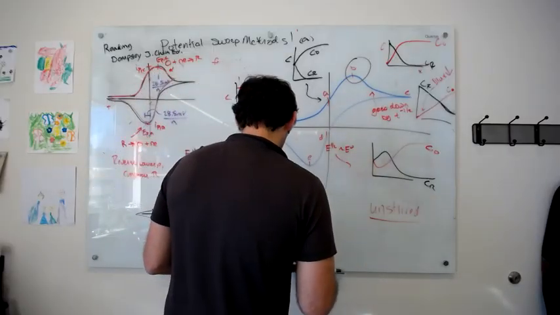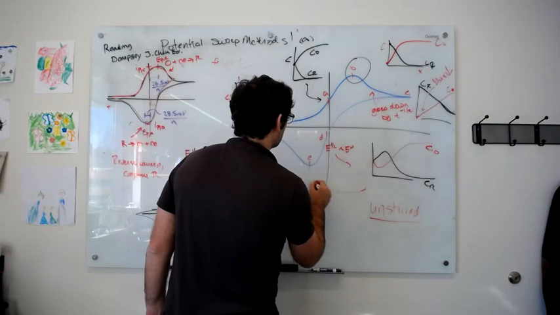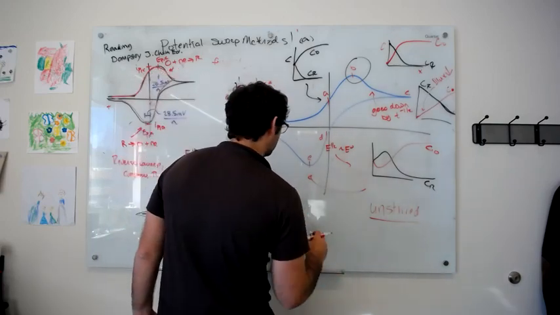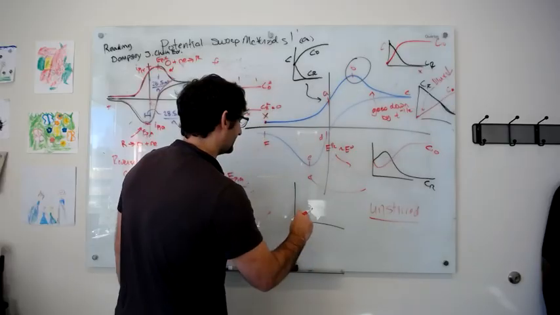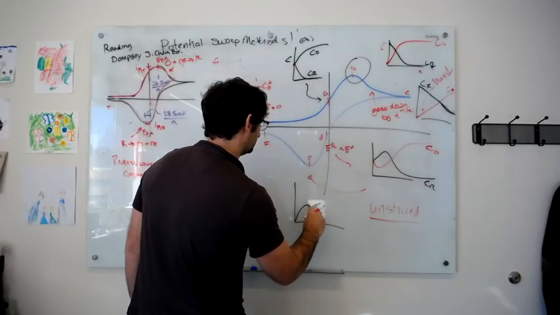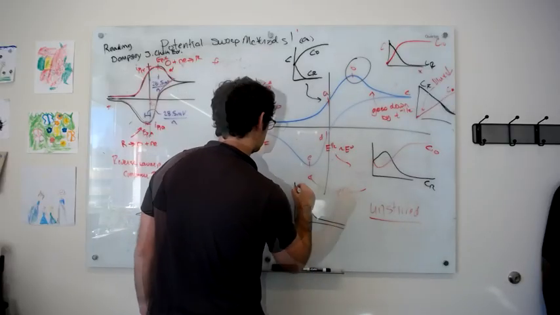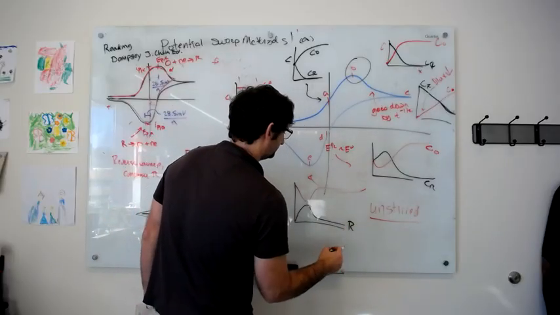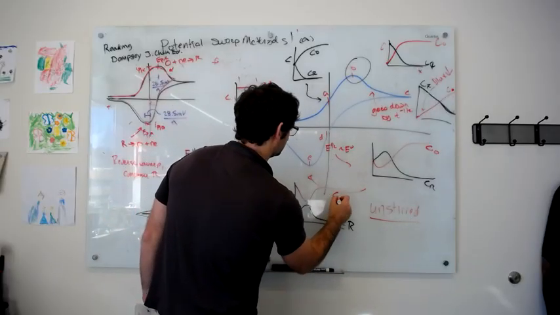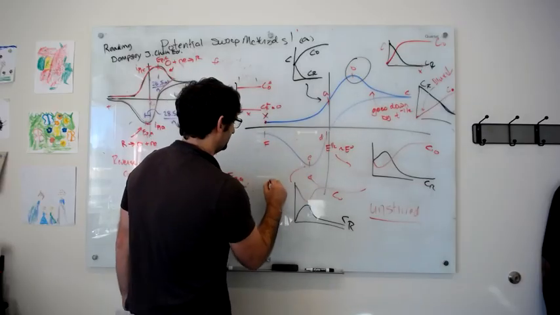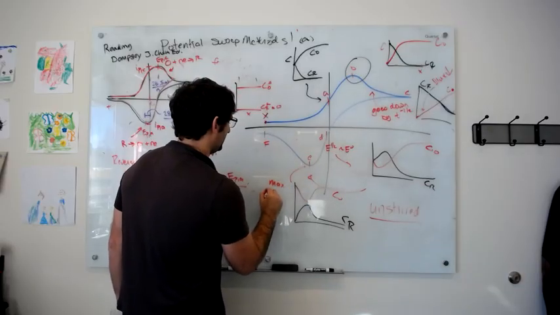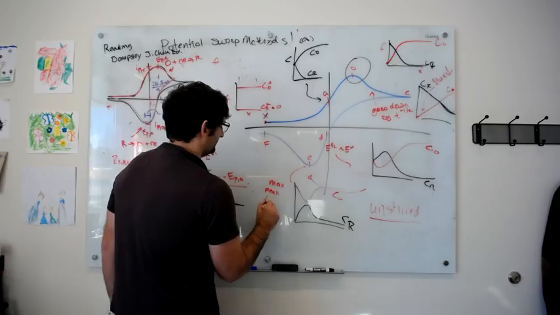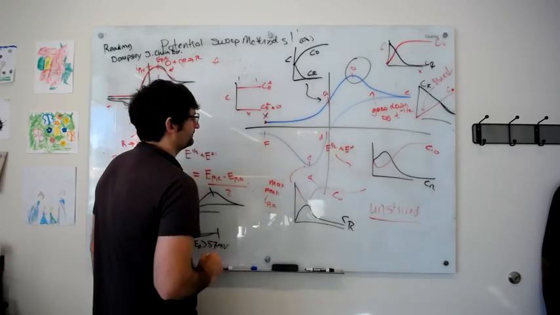And then at the peak current, the same sort of thing is going on, except we have now the maximum slope here of O and R. So the current, this is the max or peak current, I_p,a.